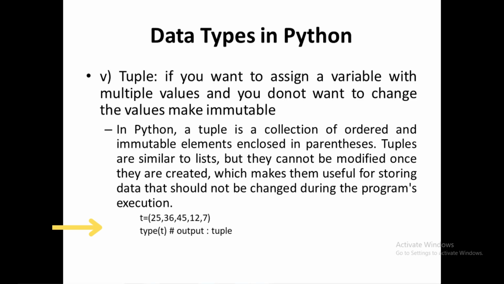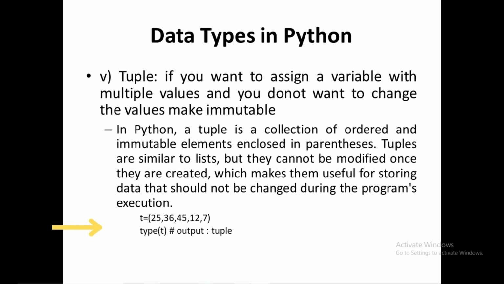After list, next one is the tuple. If you want to assign a variable with multiple values, and you do not want to change the values, then it can be defined as a tuple. A tuple is a collection of ordered and immutable elements enclosed in parentheses.